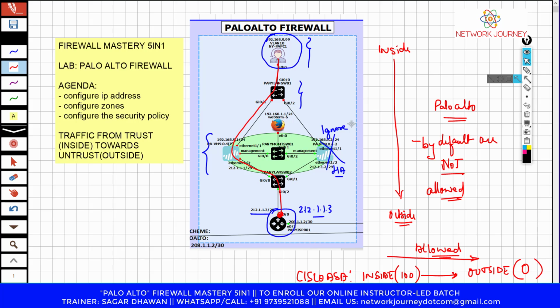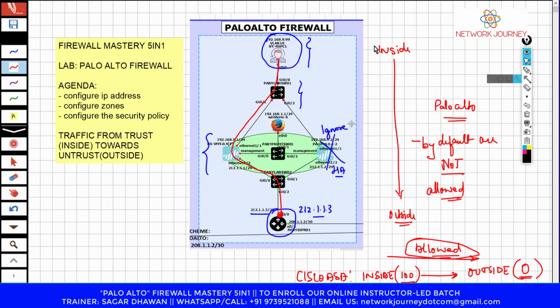In the case of Cisco ASA, inside and outside automatically get security level numbers, so from a higher level to a lower level, the packets are always allowed.